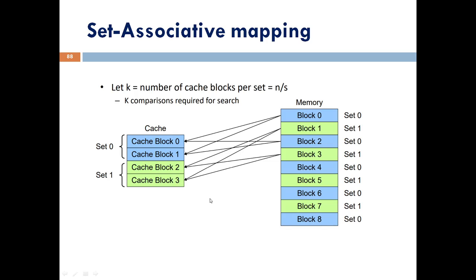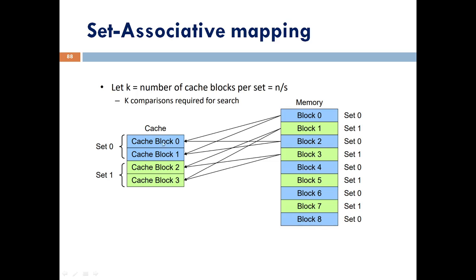The third method is set associative mapping. So here the cache blocks will be assigned to a set, meaning a number of cache blocks will be assigned to a group, which is called a set. So here in this example you can see we have a set which consists of two cache block lines.